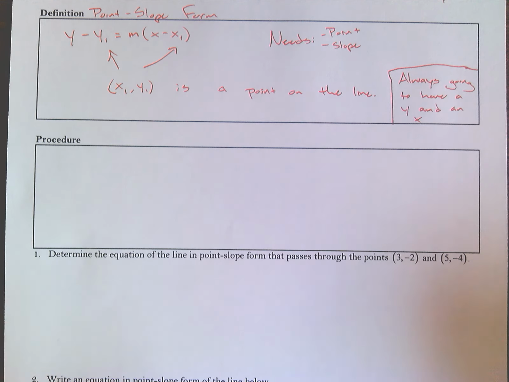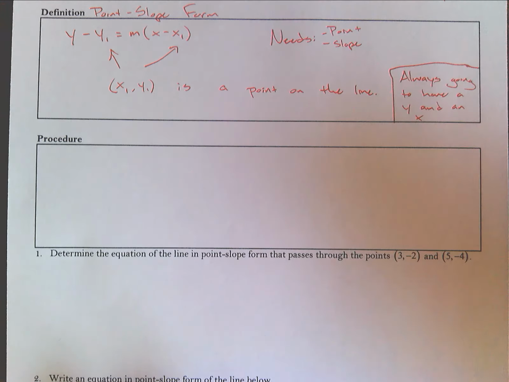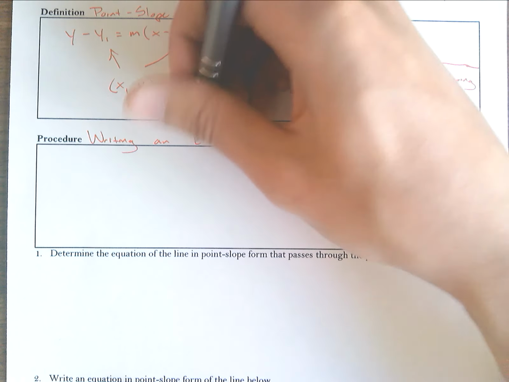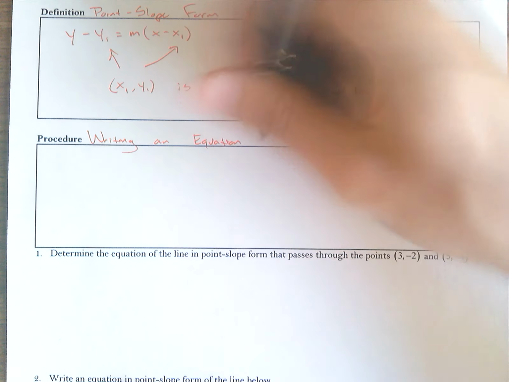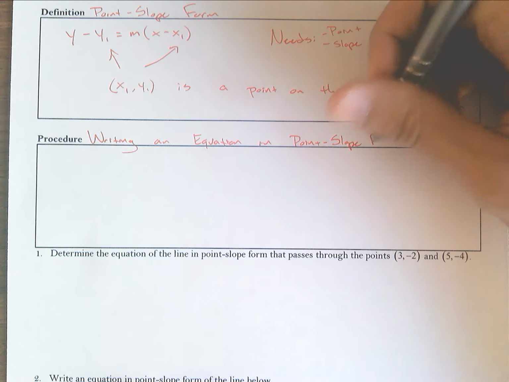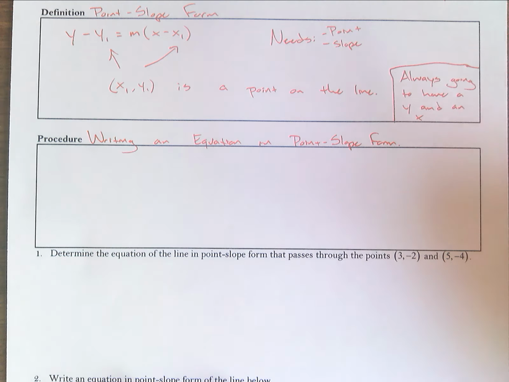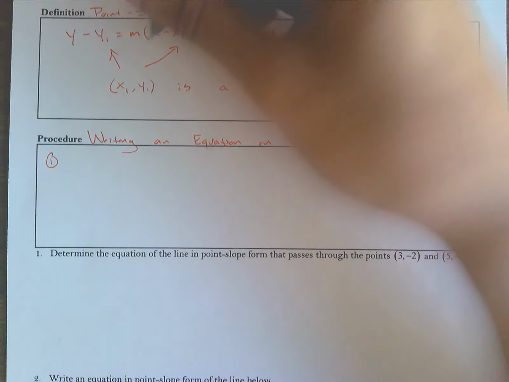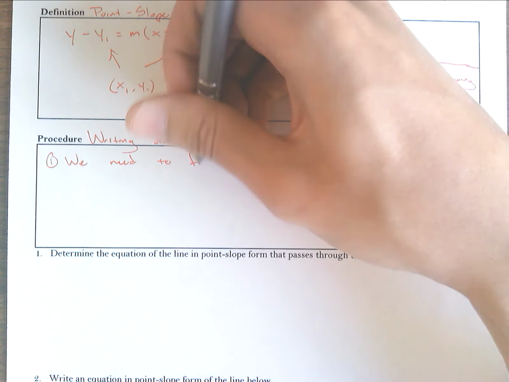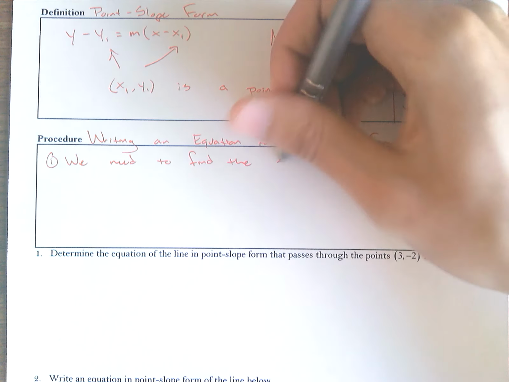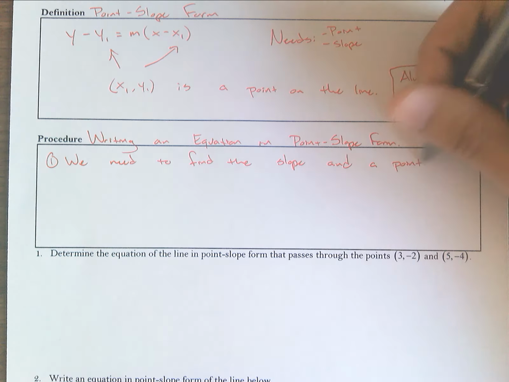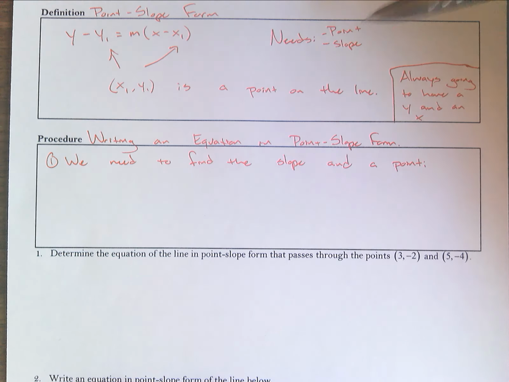All right. So now let's talk about writing an equation in point slope form. The first step is we need to find the slope and a point. That makes sense, right? Point slope form needs a point and a slope.